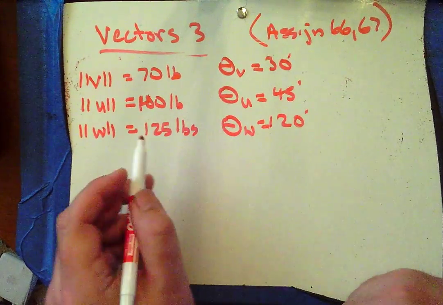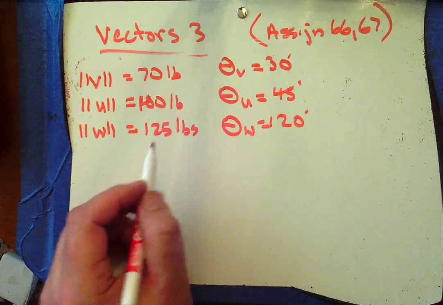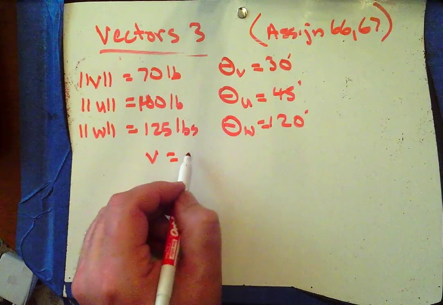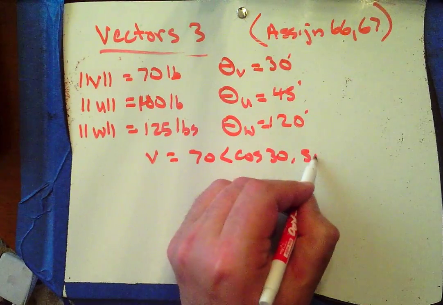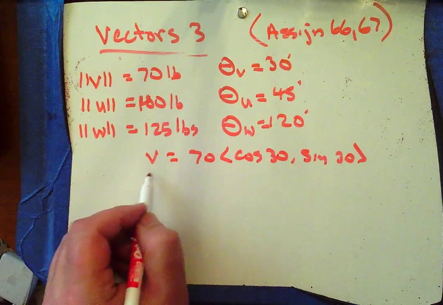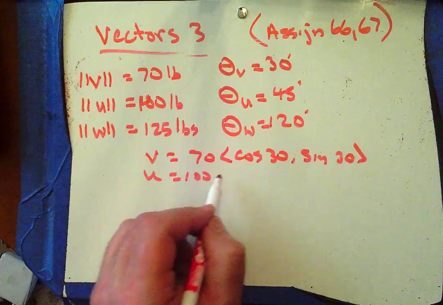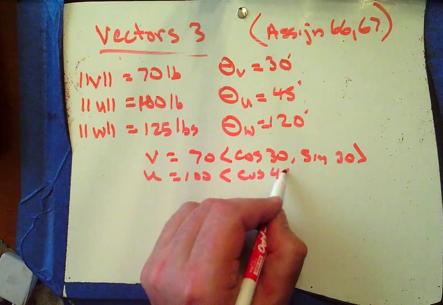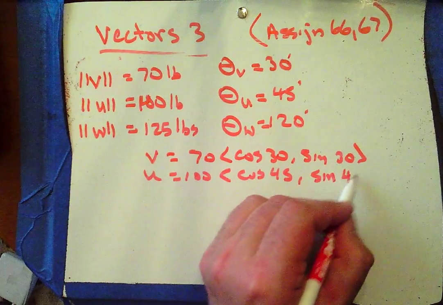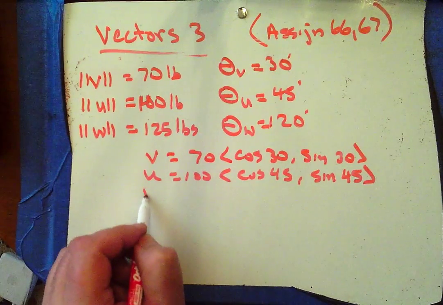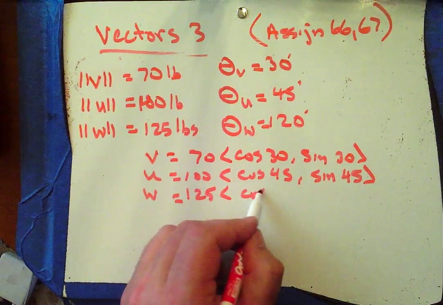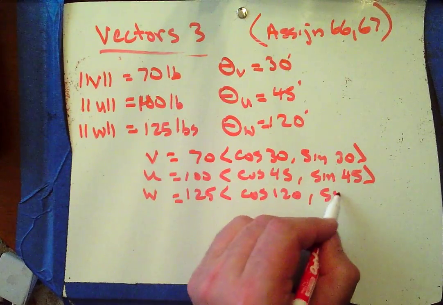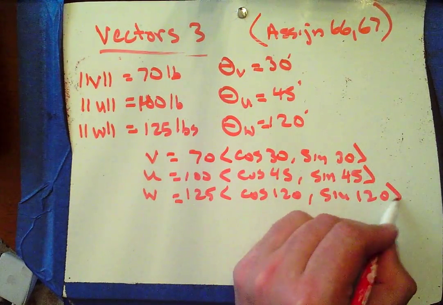But what I can do is use my tried and true V equals 70 cosine 30, sine 30, and U equals 100 cosine 45, sine 45, and W equals 125 cosine 120, sine 120.